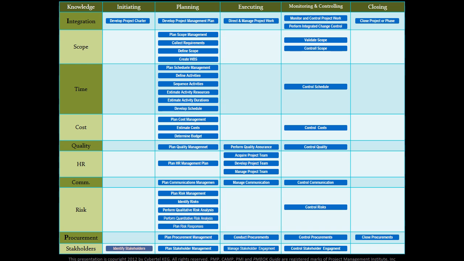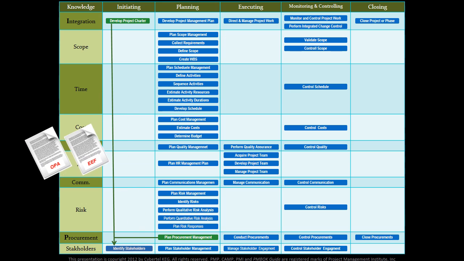We arrived to the slide where we demonstrate the inputs and outputs from the Identify Stakeholders process. The inputs to this process were the project charter from the develop project charter process, and procurement documents from plan procurement process if a contract exists.